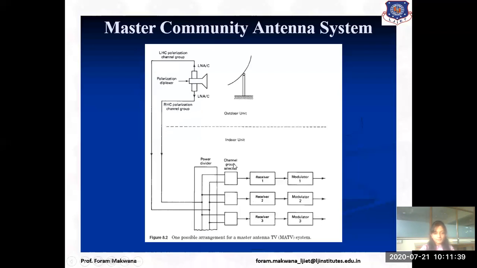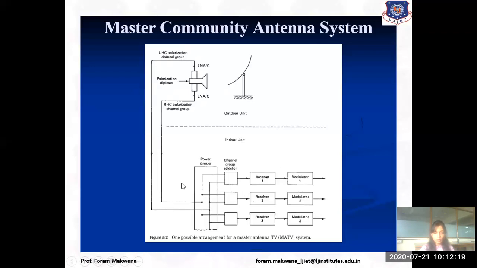The reason is we divide the channels into two parts first, and then they are selected with the help of the channel group selector. That's why the polarization duplexer is used to convert the channels into left hand circularly polarized as well as right hand circularly polarized channels, so that these channels are applied to the indoor unit.